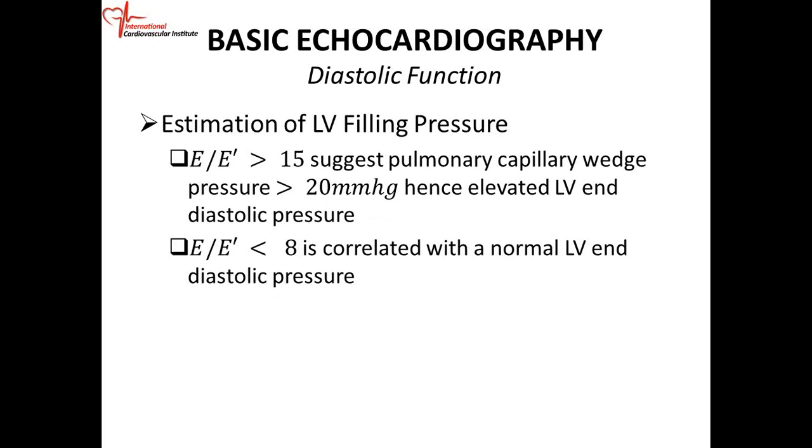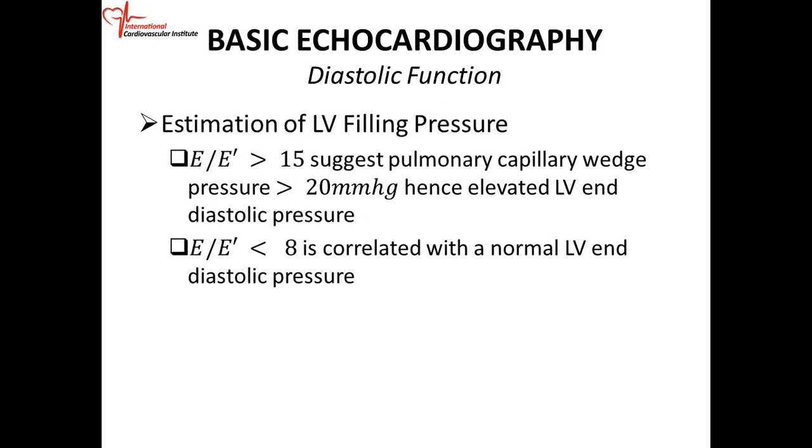Okay, so in the echo lab we can mimic this, and it's very, very accurate. The E/E prime, if you do your E/E prime and it's the medial annulus, and if it's greater than 15, it suggests that the pulmonary capillary wedge pressure is greater than 20 millimeters mercury.